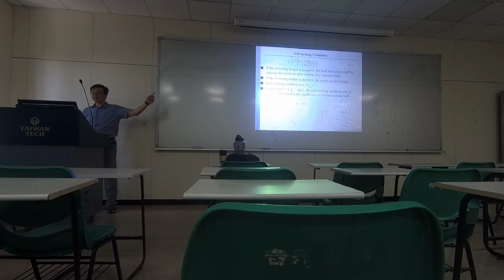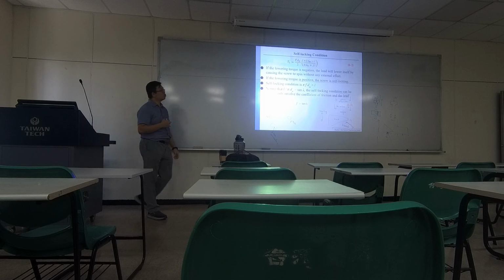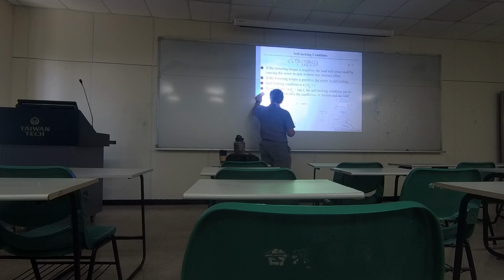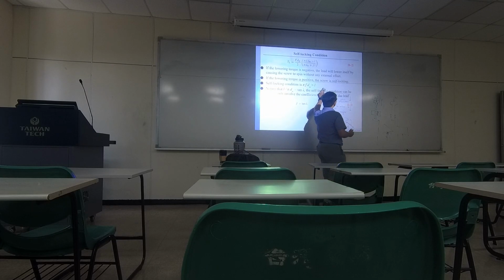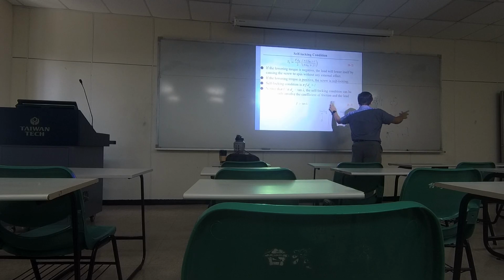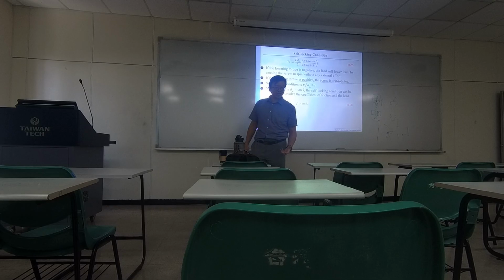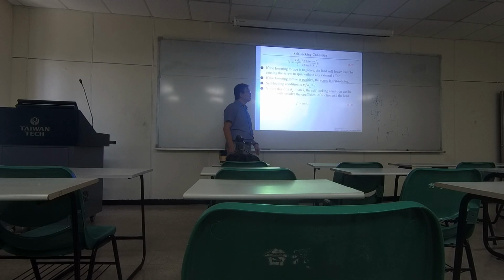So what is self-locking? Self-locking is the required friction between the thread and the nut so it doesn't drop its height as you release your hand. You don't have any pushing forces to lower the thread, but you still want the friction to hold the weight.